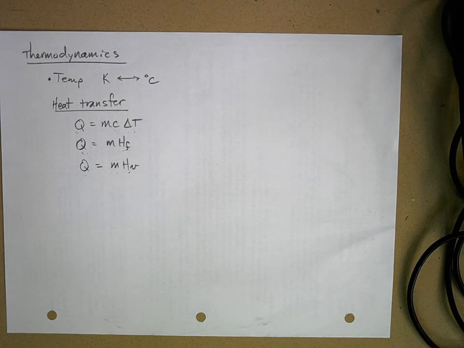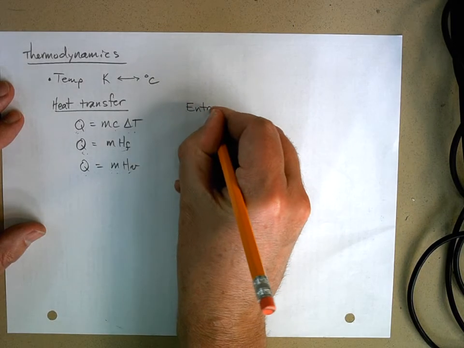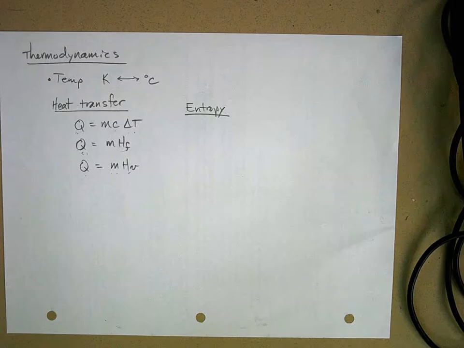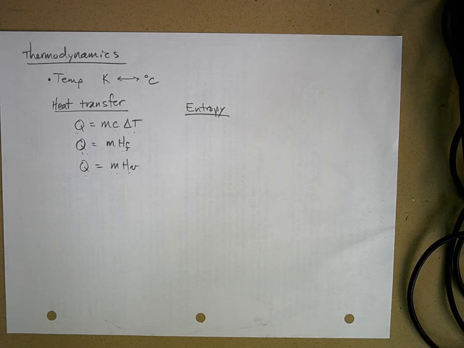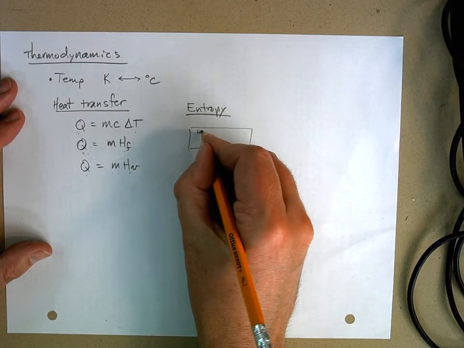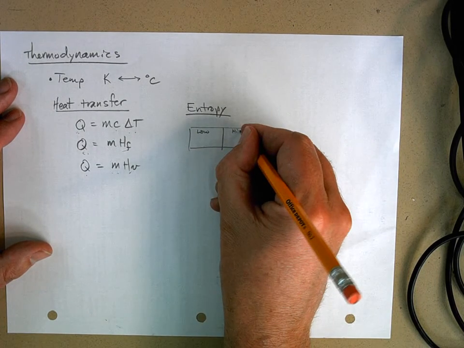We had this idea of entropy. Entropy is really the second law. Just make sure you look it up. The basic definition: things become more disorderly as heat flows from high to low. So this is low temperature stuff, maybe ice water. This is high temperature stuff.